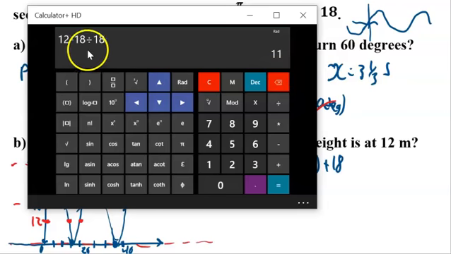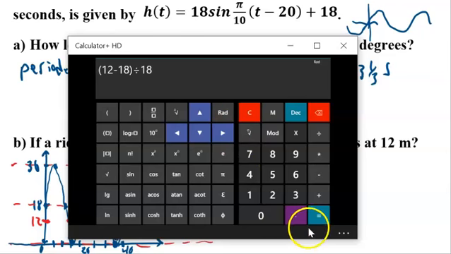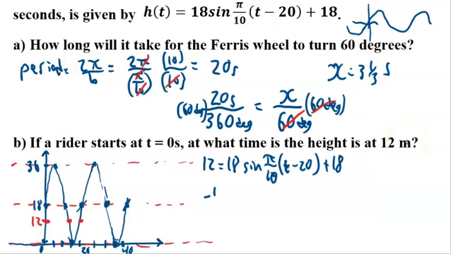I need to put in brackets here: 12 minus 18, in brackets, divided by 18. There we go. That should work. Okay, negative a third. So negative a third equals sine of pi over 10 t minus 20.